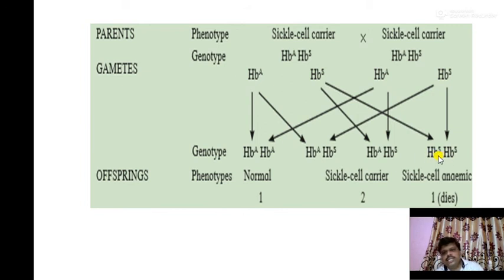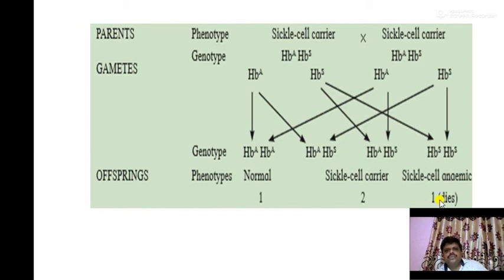It means that this one will be totally anemic, and it will die. So the final ratio is, instead of 3 to 1, 2 to 1. That is, two offspring will be carriers and one offspring will be normal, and this last one dies due to the anemia.